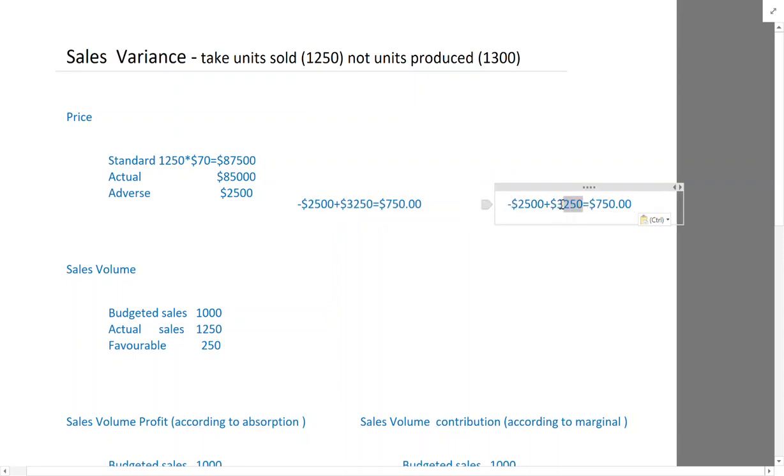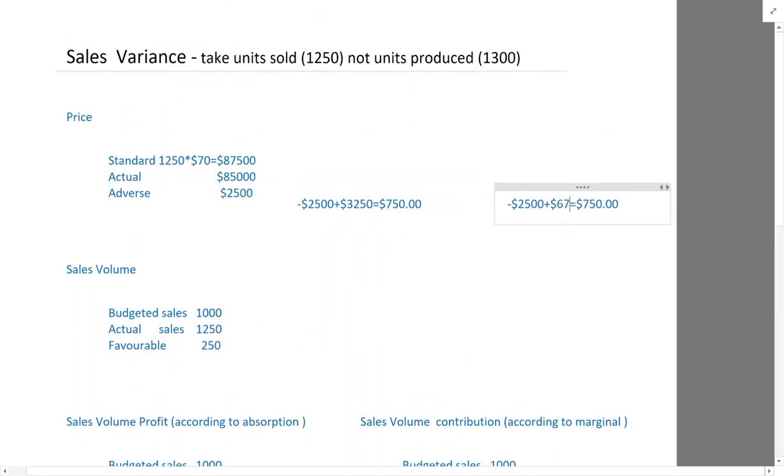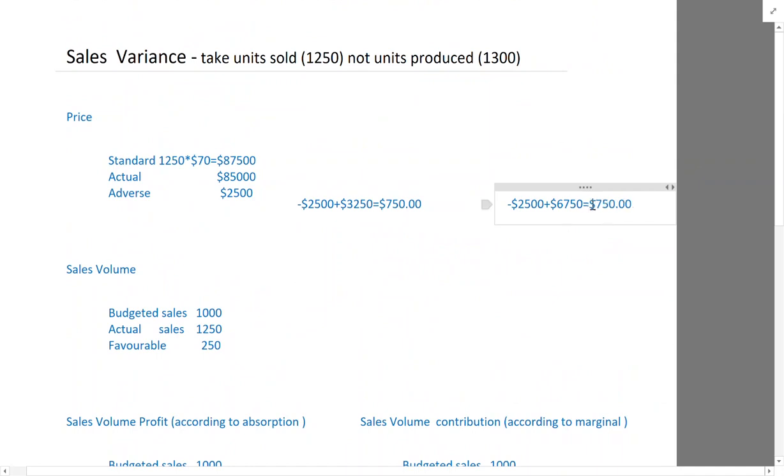And if we were using marginal costing, then it would be 6750, which is 4,200 more. Okay, according to absorption, according to marginal. Does it make sense?